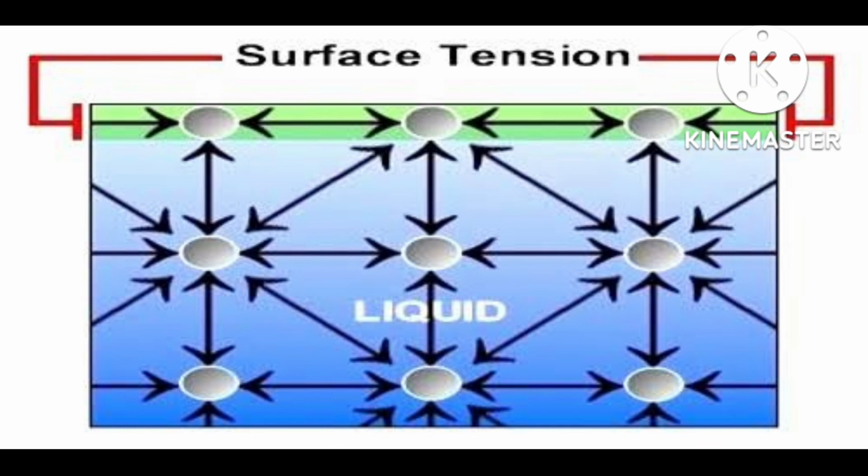It is surface tension which gives a stretching property to the surface of a liquid. In a simple way you can understand also. That's why it becomes spherical.